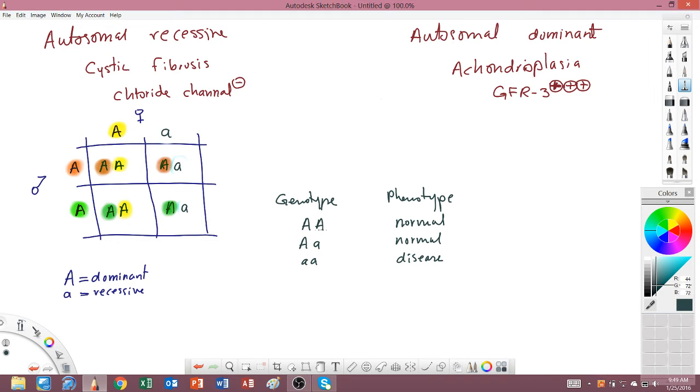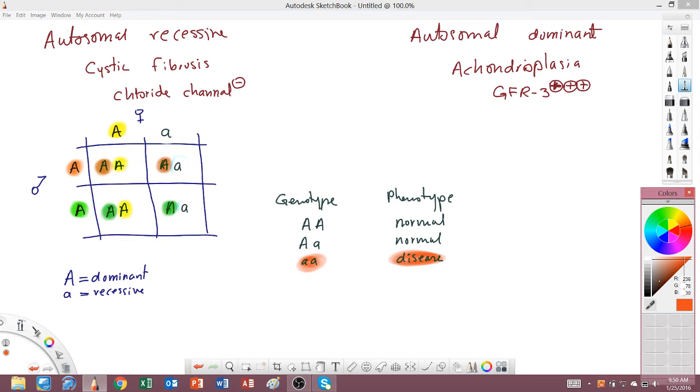So anybody who has the genotype AA, phenotypically they're normal. Anybody who has capital A, small a, they're normal. The only time you will have a diseased child is if their genotype is recessive. Now in this case, how many capital A's do you have? Both. Genotype completely homozygous dominant.